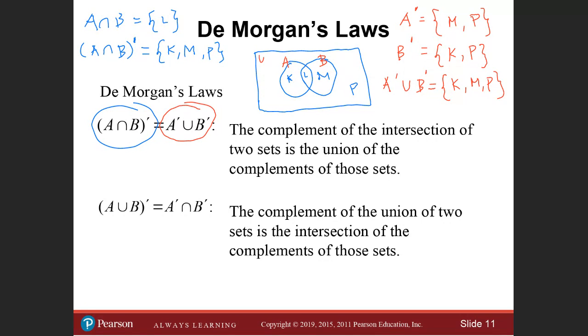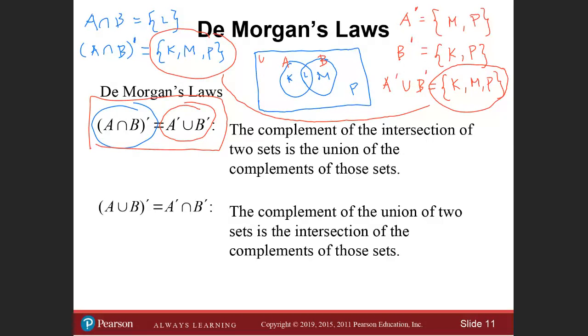So looking at this, the left side of De Morgan's law is equivalent to the right side. So this expression here is a valid expression, which means that we can use that for future calculations.